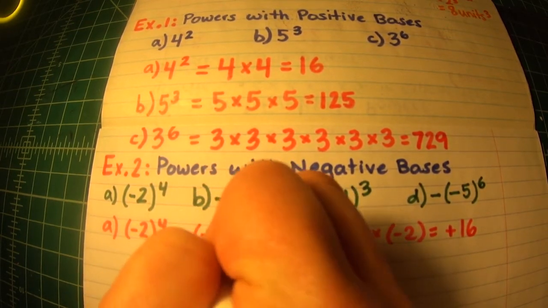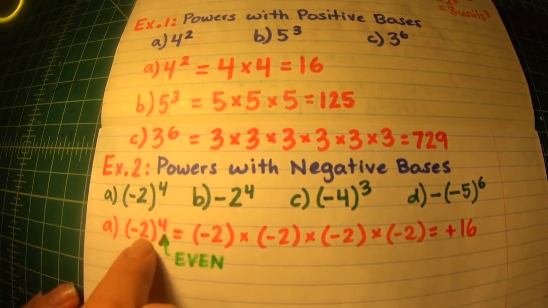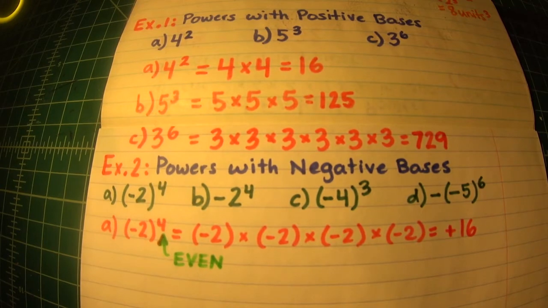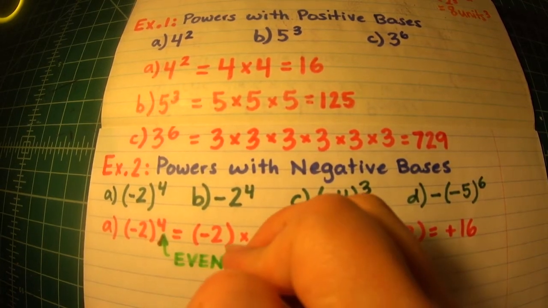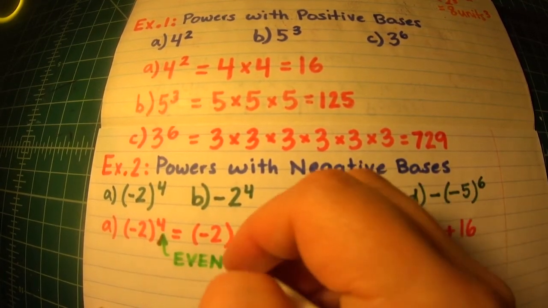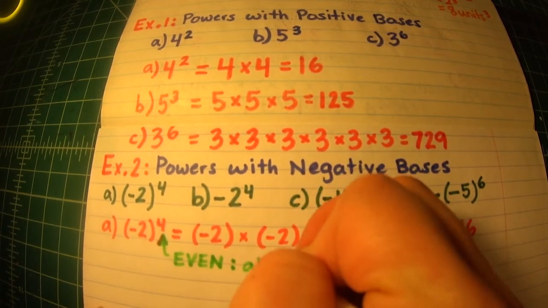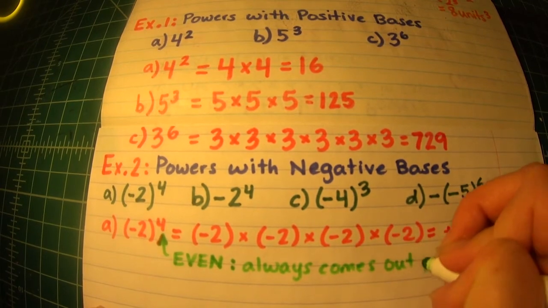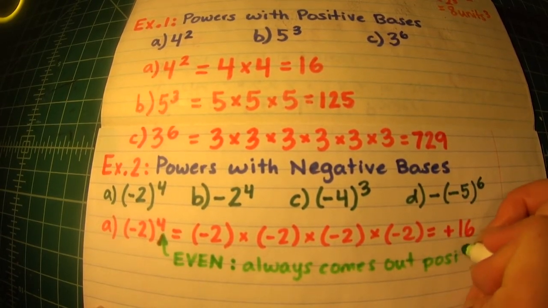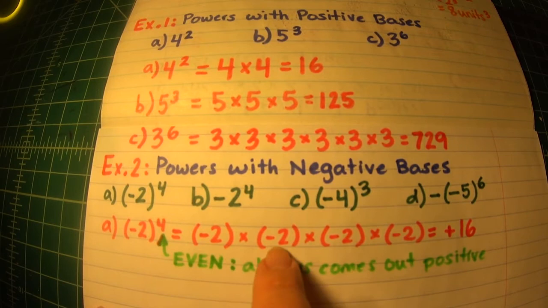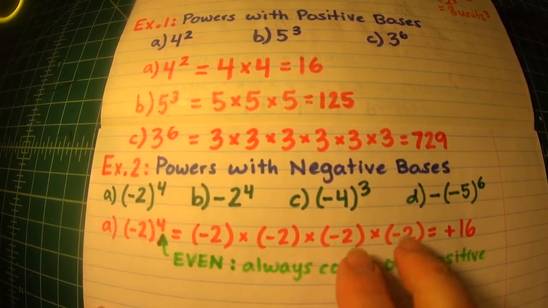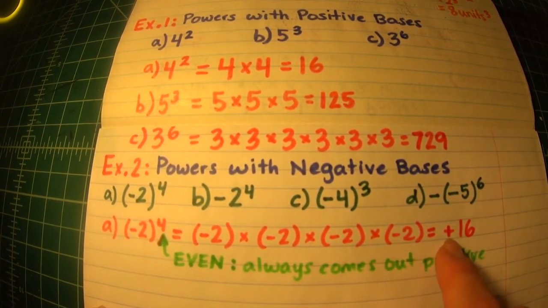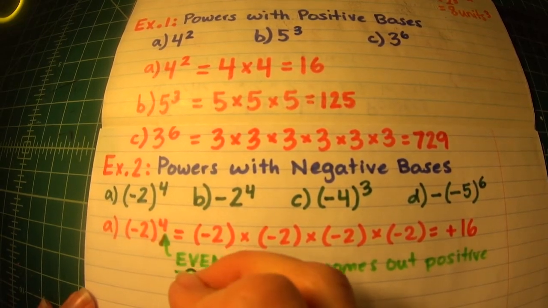And if you have a negative base within brackets like this, raised to an even exponent, a little trick for you, it's always going to come out positive. Because in the end, if it's being repeated an even number of times, you're always going to end on a match, which makes it positive. Okay, so just remember that. That's a really useful little trick.